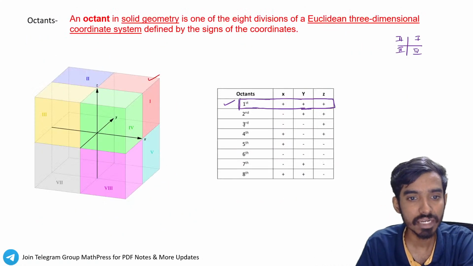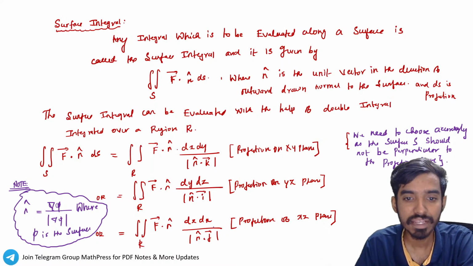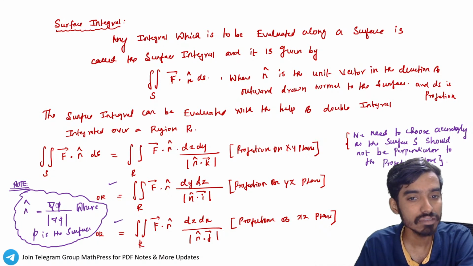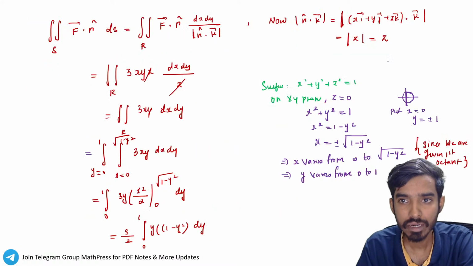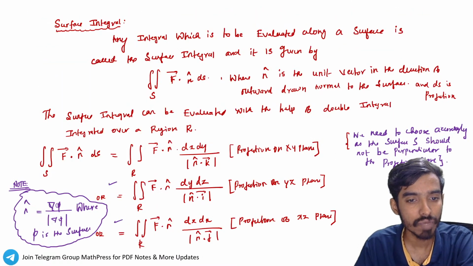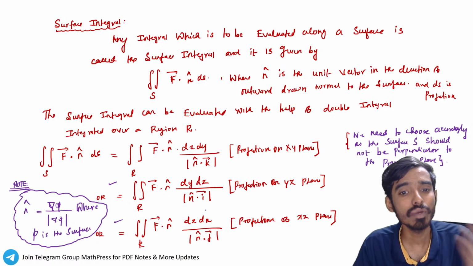Since we know the z limits, where you will have z, here you will have dy dz, here you have dz dx. You choose any one of these two, right? Because we can directly put z varies from 0 to 5. The only thing is you need to find the limits of y or x, whichever you are choosing.